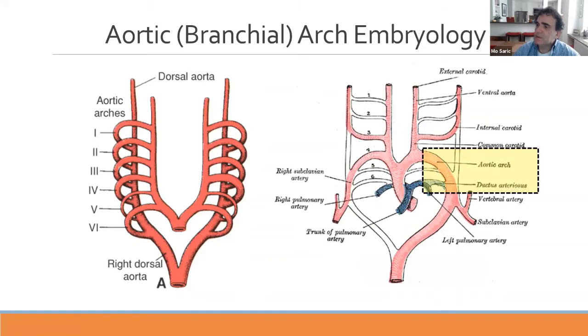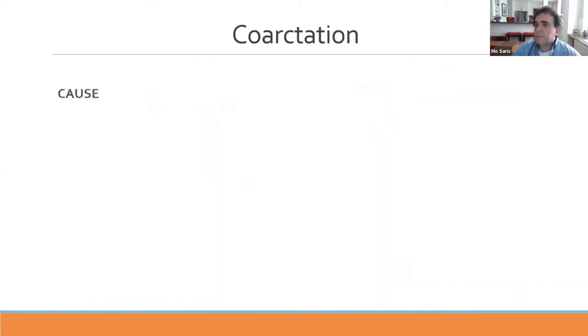And it is in this region that narrowing occurs that will then develop into coarctation of the aorta. And this is the cause of the coarctation. We don't know the exact mechanism why it occurs.